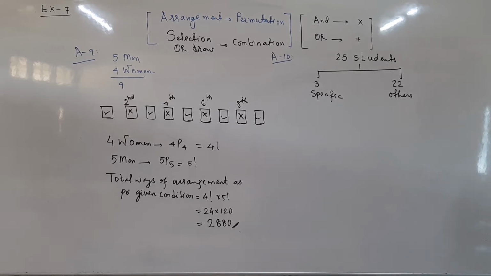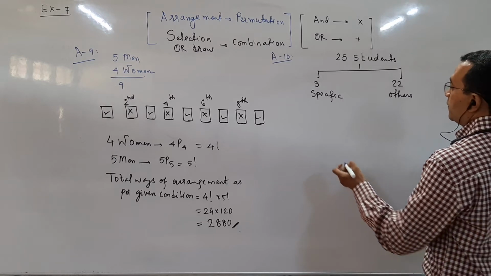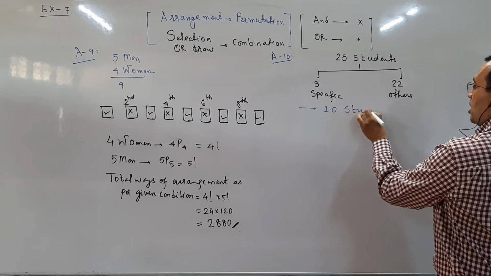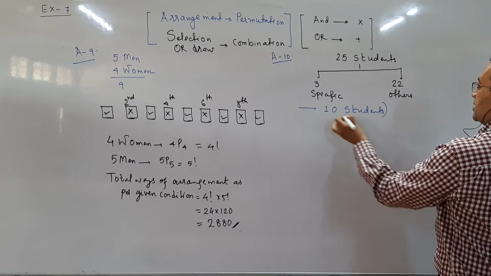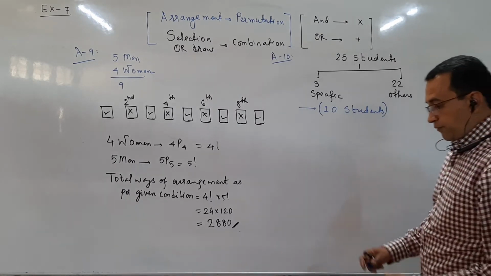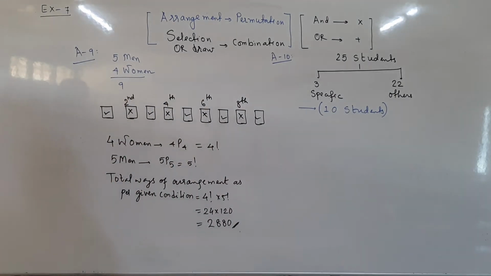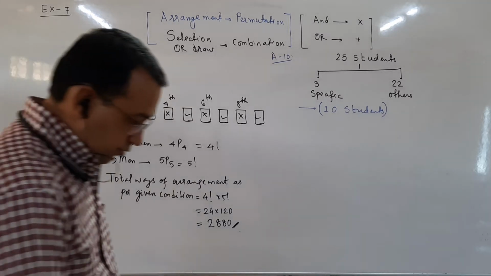Now we have to select a group of 10 students out of 25. The condition is that a group of 3 is always included or that group of 3 is not included.